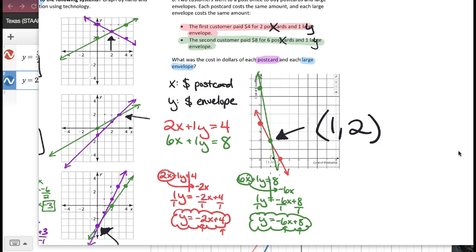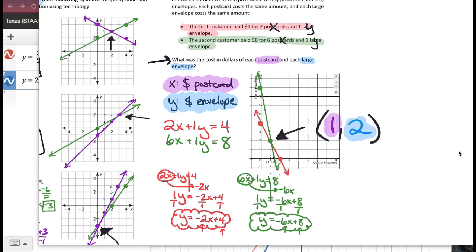But remember, the question I'm actually asking you here was what is the cost in dollars of each postcard and each large envelope? Well, we said the postcards are going to be X. So if we look at this, we have a 1 in the X spot. And we said that each large envelope was going to be Y. And we have a 2 in the Y spot of this coordinate.